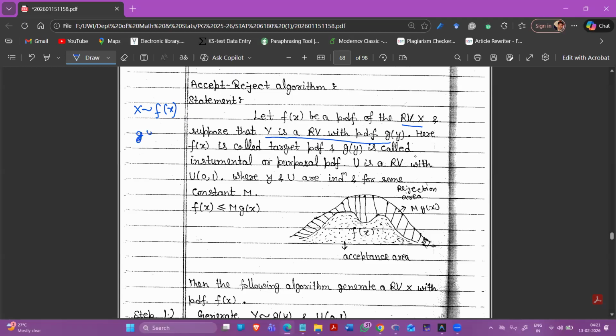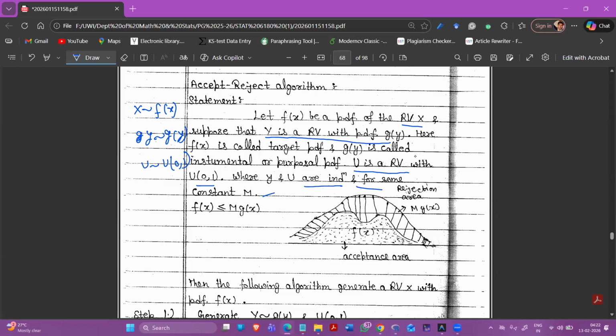Here fx is called the target PDF and gy is called the instrumental or proposal density function. After that, use a random variable u that follows the uniform distribution between 0 and 1. So here you need three distributions, where y and u are independent, and for some constant m.